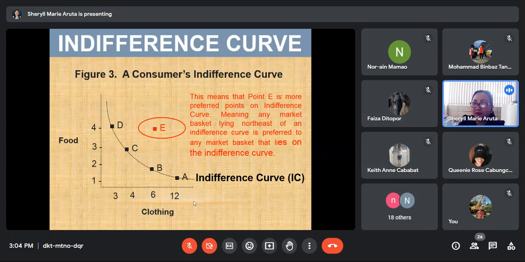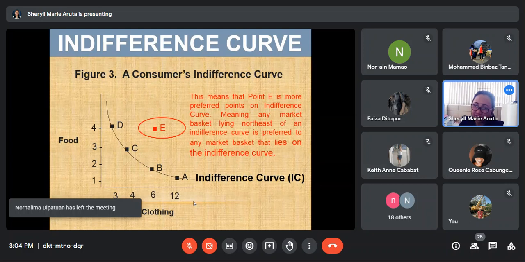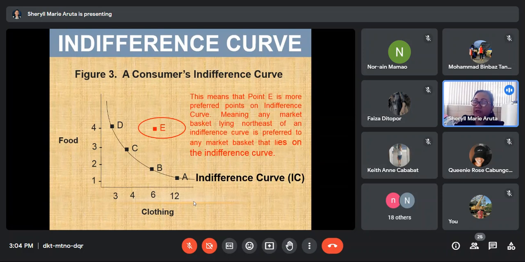Though existing, it's not doable because of the limited income and the price of the goods available in the market. So the combination points lying northeast of an indifference curve are preferred to any point that lies on the indifference curve because it gives a higher satisfaction. But when we combine the budget constraint, this also reflects that though the satisfaction is higher, it is not attainable. Okay? We cannot afford it.